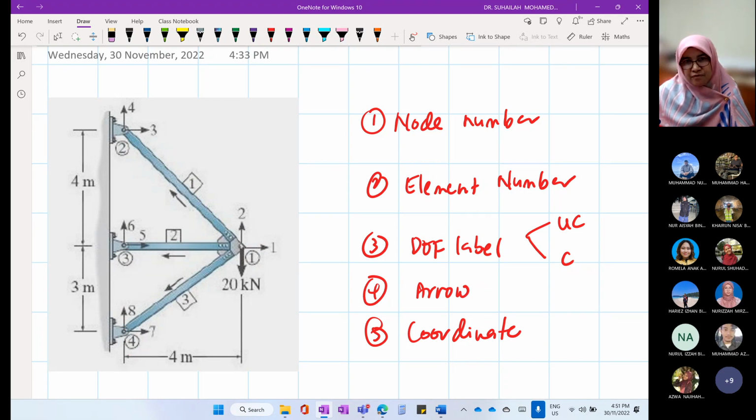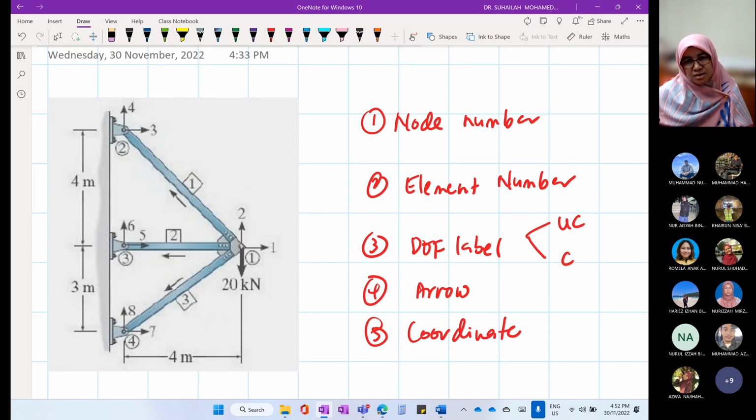Beside that, we have element number. Elements will be labeled by number, in a box, like this: 1, 2, 3. That is how we write element number.